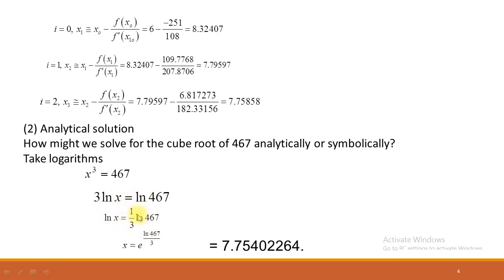After simplification we obtain x equals e to the power of natural log of 467 divided by 3, and using a scientific calculator you will easily get x equals 7.74542264. So this is the exact answer of this nonlinear equation.